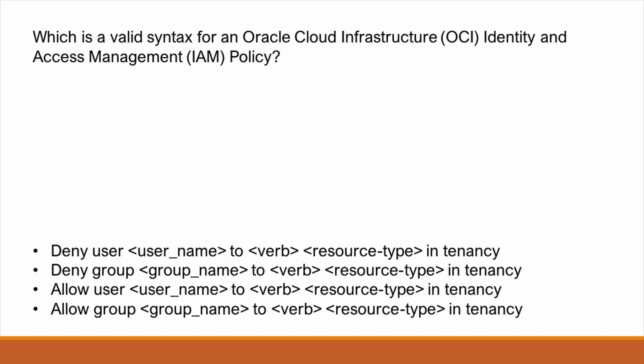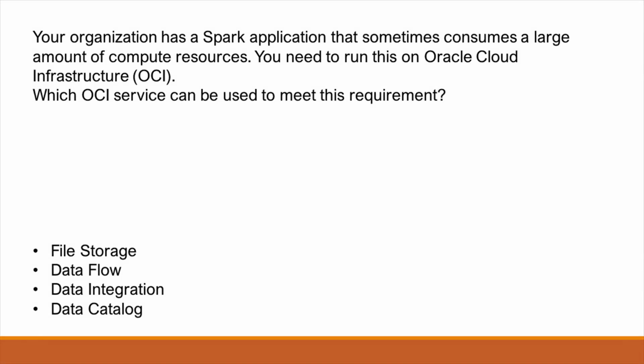Allow group_name to verb resource-type in tenancy. Correct answer for this question is option 4, starting with allow group, then we need to provide group name. Because if we go through the OCI policy syntax, then this is the only format correct out of 4 options given.